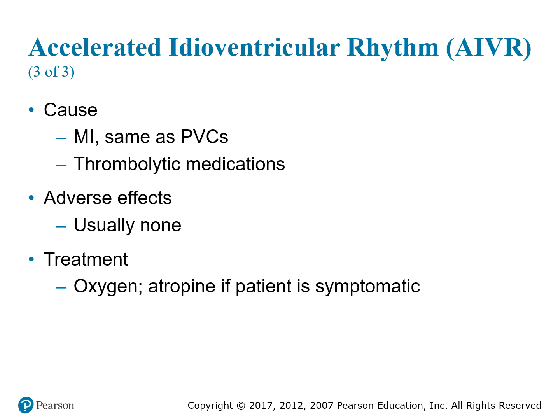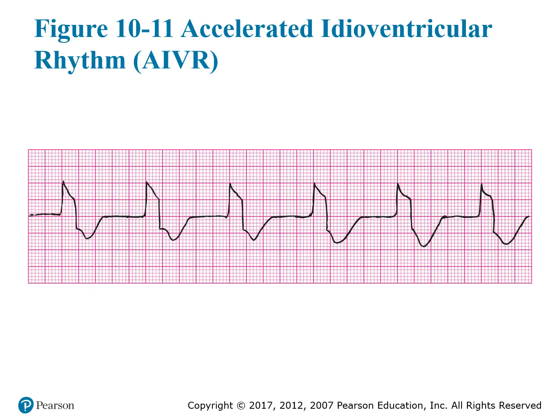So the characteristics of an AIVR, if we take a look at figure 10-11, we can go through the characteristics. As you can see, it is basically a regular rhythm. And if we count out our little blocks, the rate is anywhere from 41 to 100 beats per minute.